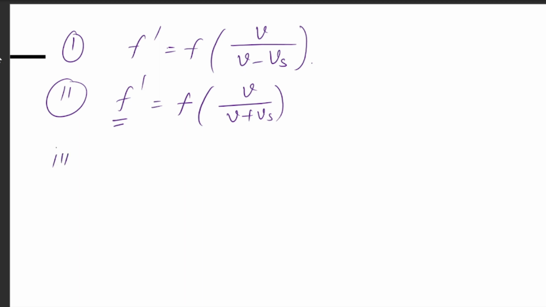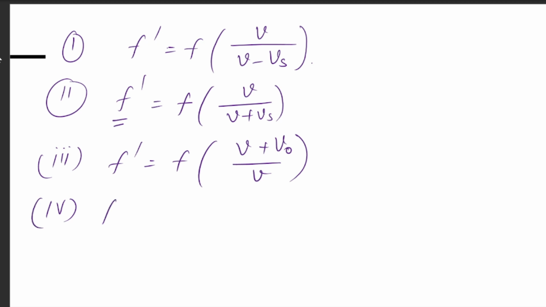And the third one is when the source is stationary but the observer is moving towards the source, and we can write f dash is equal to f (v plus v naught) divided by v.